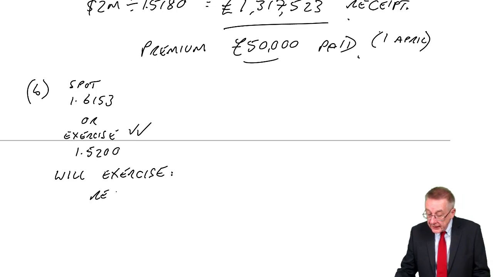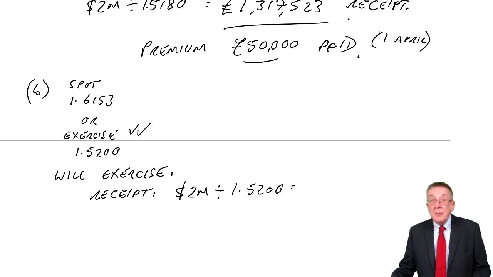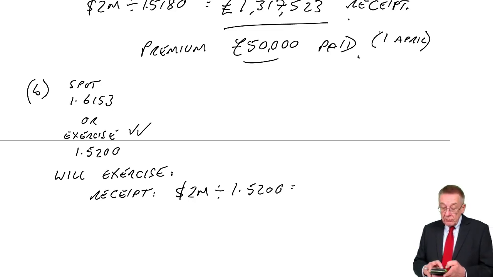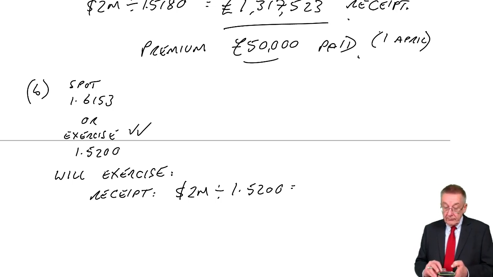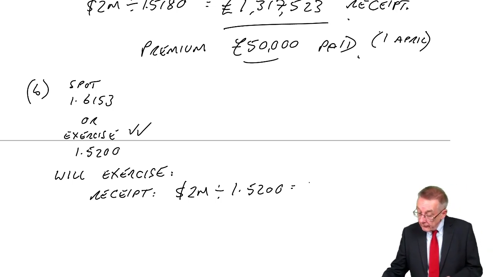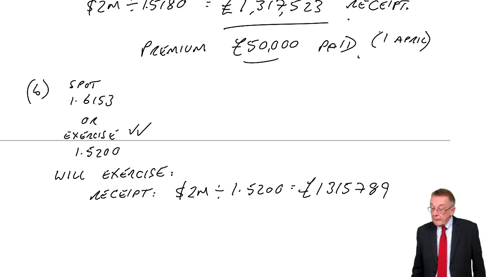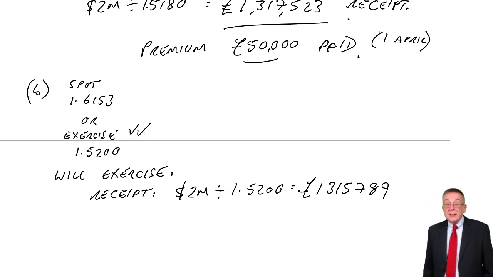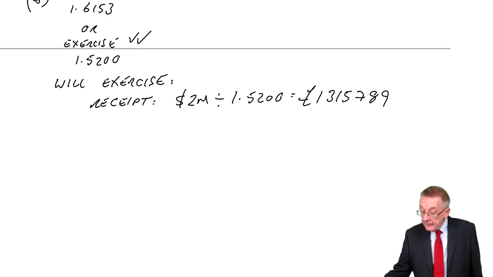And therefore the receipt we'll get, it's $2 million. We're going to convert at 1.5200 because I'm using the option, and so we'll receive £1,315,789. Had we converted at the spot rate, 1.6153, the receipt would have been lower.